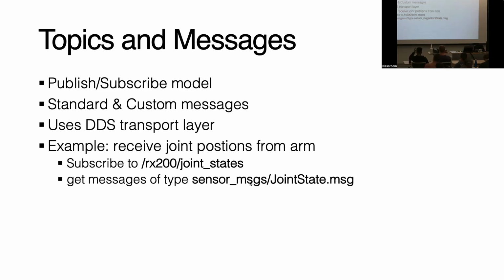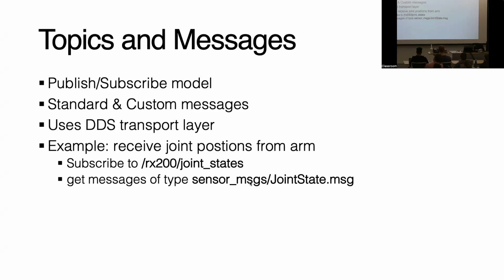All right. So as an example, if I wanted to receive the joint positions from the arm, I have a driver that continually communicates with the Dynamixel motors and reads their positions, and then publishes their positions as a message. And it publishes it to a topic, rx200/joint_states.